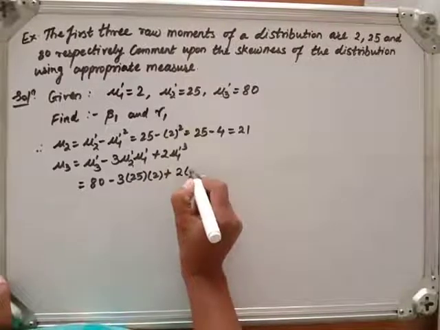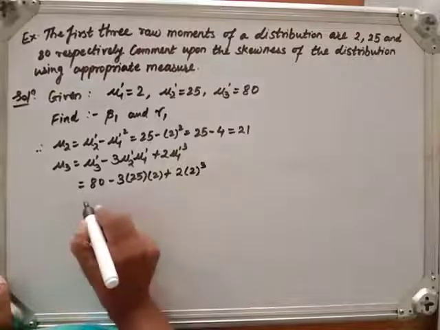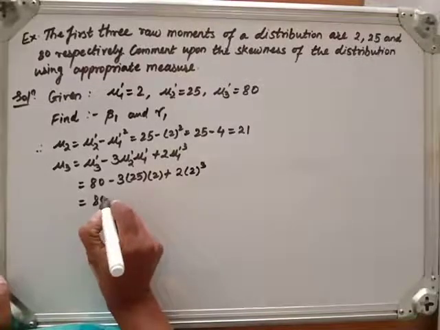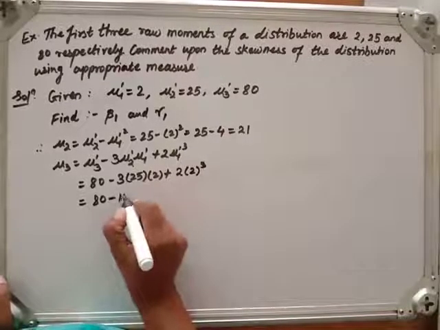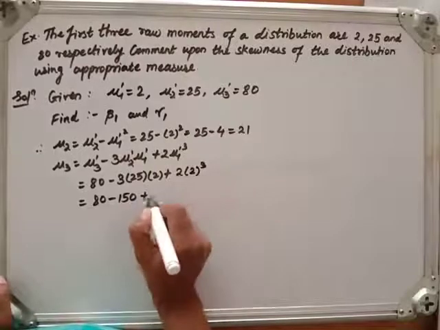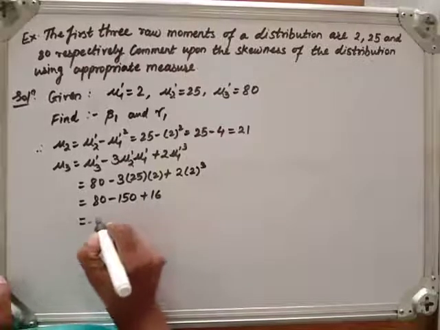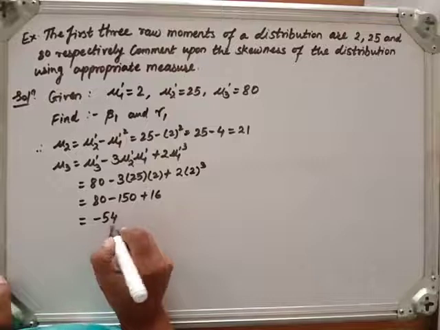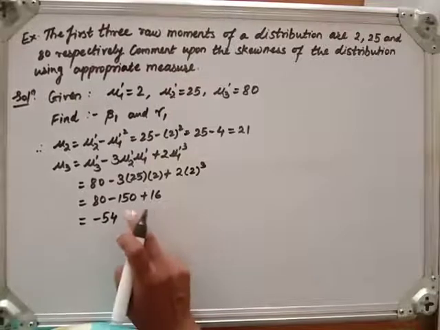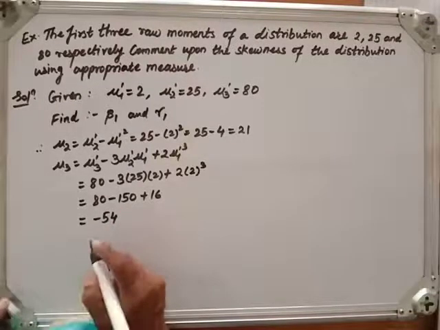So it will be 80 minus 150 plus 16. Okay, this is 96 minus 150, so minus 54.